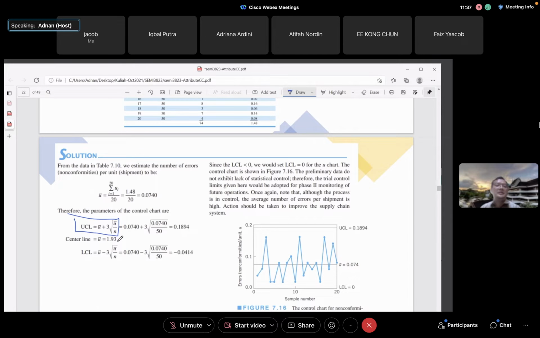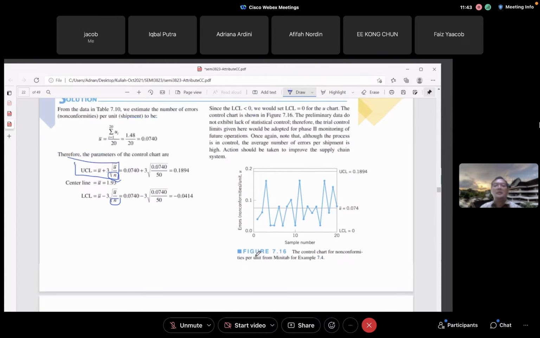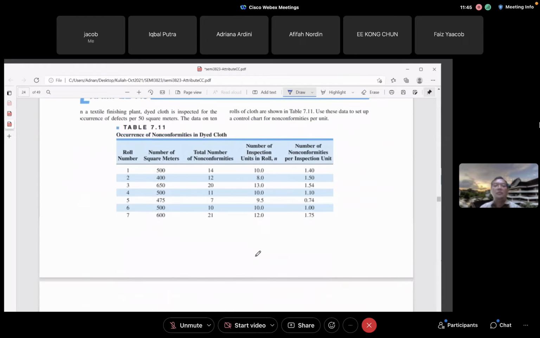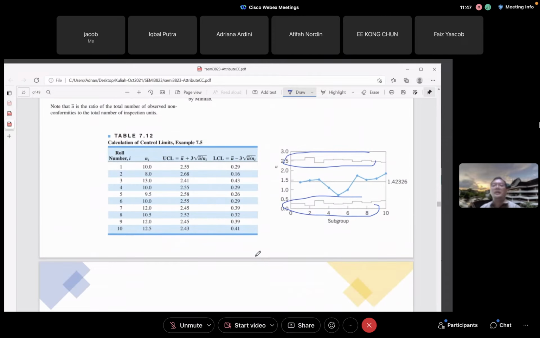If n varies, this varies. So this is what you get here: for this U chart, the control limit varies.